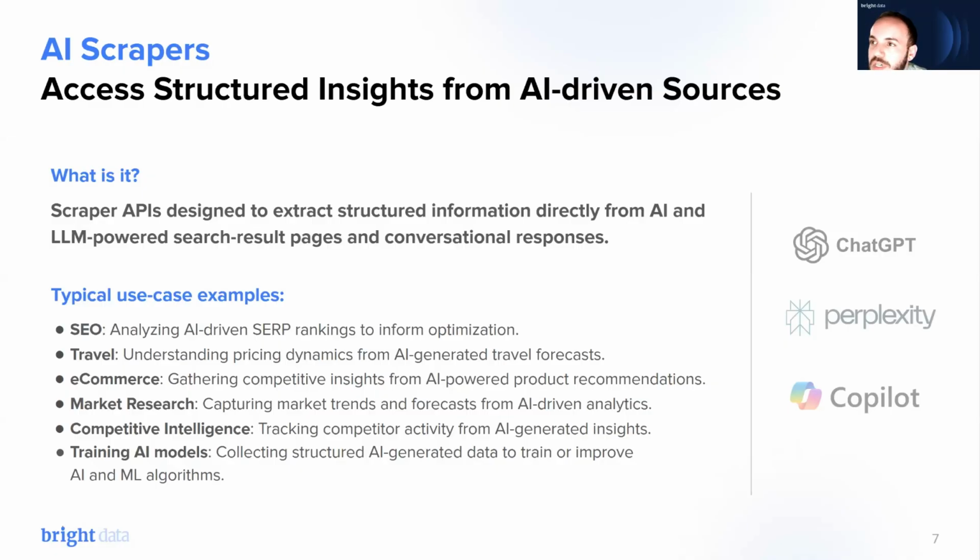This opens a lot of use cases, from scraping use cases that we had even before the AI bots that we have today. Right now, they are being used for SEO, travel, e-commerce, market research, competitive intelligence, and the most important one, training AI models. We have a lot of customers that are using these scrapers to train their own models, to see how ChatGPT answers a specific prompt, how Perplexity answers the same prompt, and how their model answers the prompt.